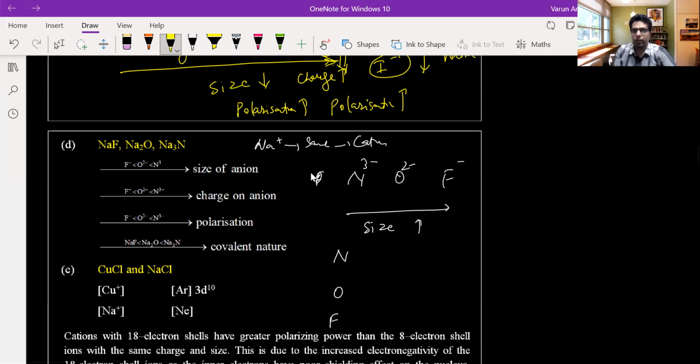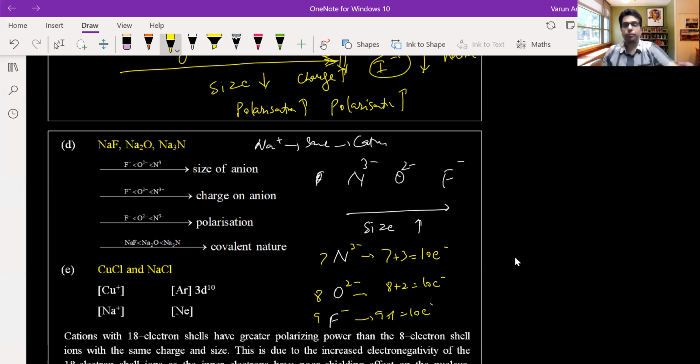So nitrogen is having atomic number 7. Now N3 minus will have 7 plus 3, 10 electrons. O2 minus, oxygen atomic number 8, 8 plus 2, 10 electrons. And fluorine atomic number 9. So F minus, 9 plus 1, 10 electrons. Right? So for isoelectronic species, more is the atomic number, more strongly the electrons will be attracted and smaller will be the size.